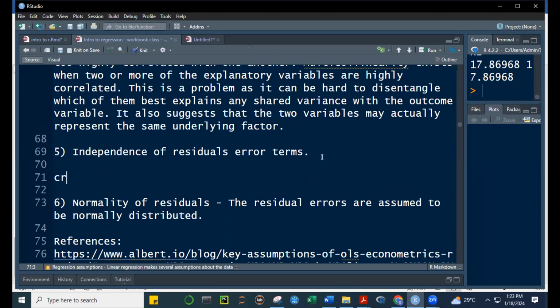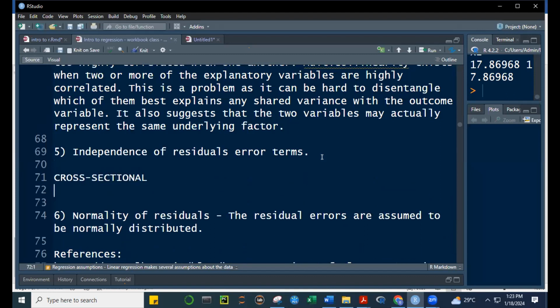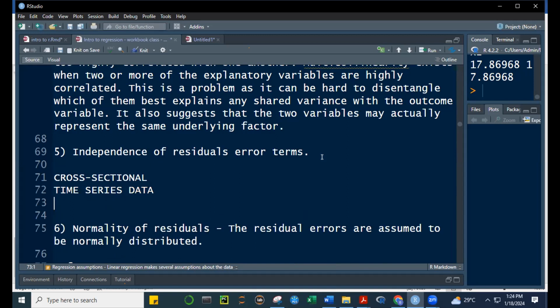Number 1 is your cross-sectional data. I don't think I discussed this with you last time. I was able to discuss this in the other section. Cross-sectional data, time series data, and panel data. Anong difference ng tatlong to?